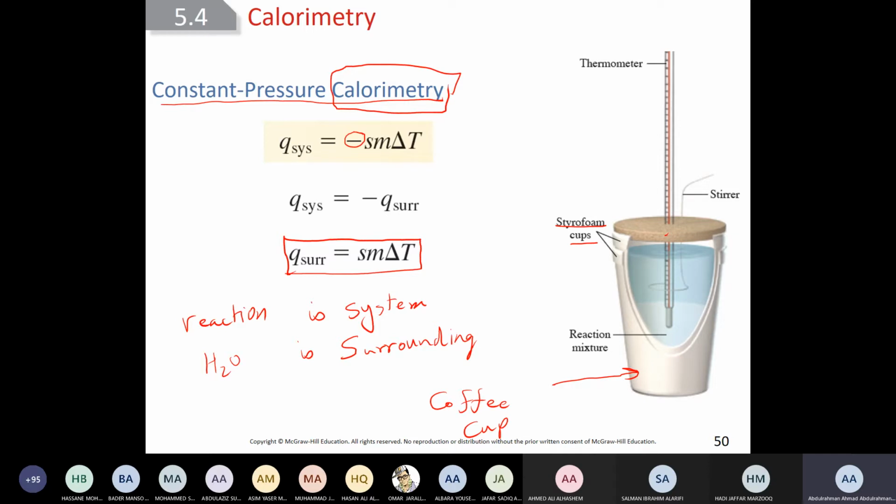It's the reverse of this sign. So the Q of the water will be positive if it is exothermic, and this will be negative. On the other hand, if the reaction is endothermic, then the temperature of the water will be lowered, and Q will be as is, but the value will be less, and then this will be positive.